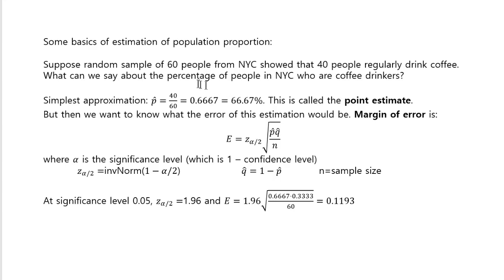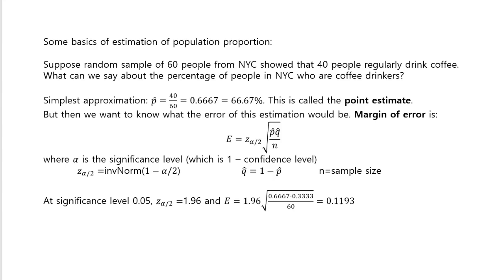Suppose you had 6,000 people, and you got 4,000 people as regular coffee drinkers, then this would be a lot smaller, and your result gives a better idea of how accurate this would be.